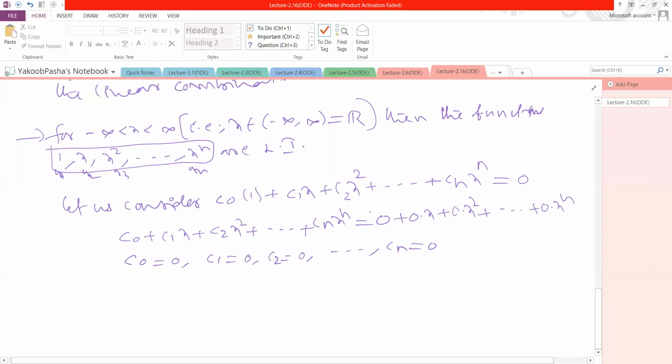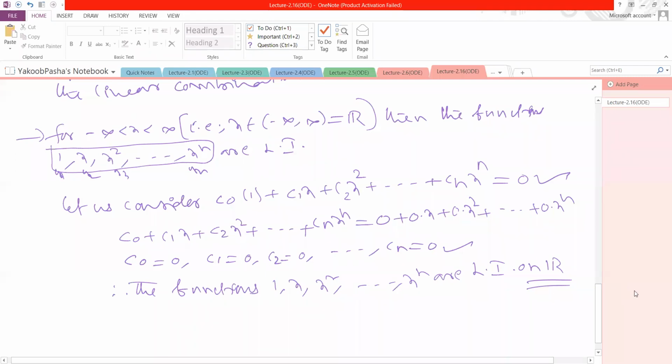When we are taking the linear combination 0, then all the constants are 0. So simply you can write the functions 1, x, x square up to x power n are linearly independent on R, the set of real numbers. Okay, these are the definitions for linearly independent and dependent solutions.